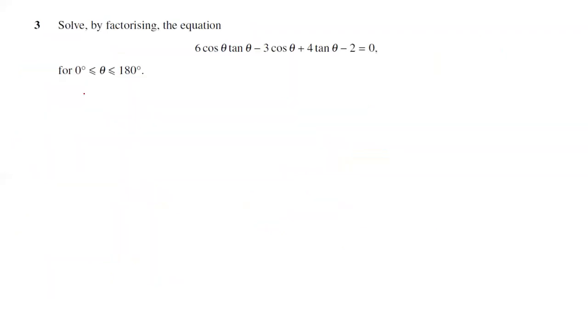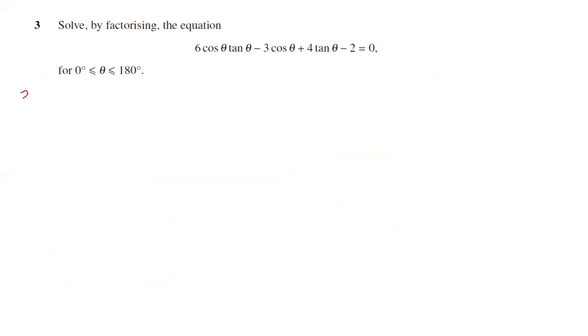This one is solved by factorizing the equation. Okay, 6 cos theta tan theta minus 3 cos theta plus 4 tan theta minus 2 equals 0 for theta between 0 and 180 degrees.